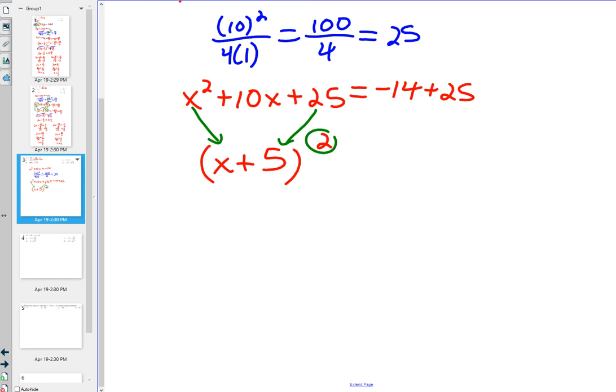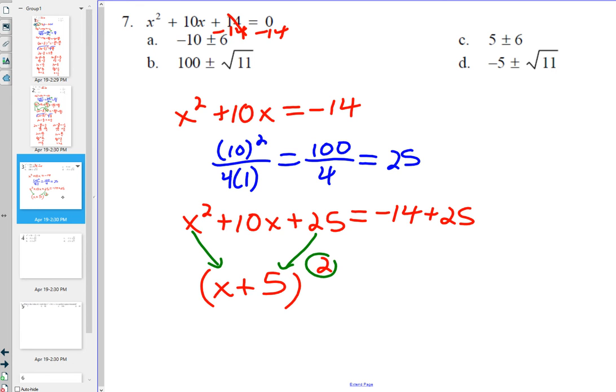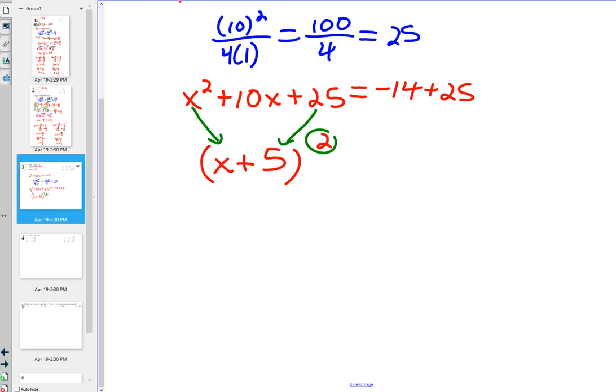It became a 5 because the square is accounted for on the outside. The middle term, this 10x, would be accounted for if you were to expand it. If you were to FOIL it out, you would see the 10, but you don't really worry about the 10. Really, if anything, you could argue that the 10 was accounted for up here. This gives you 11.